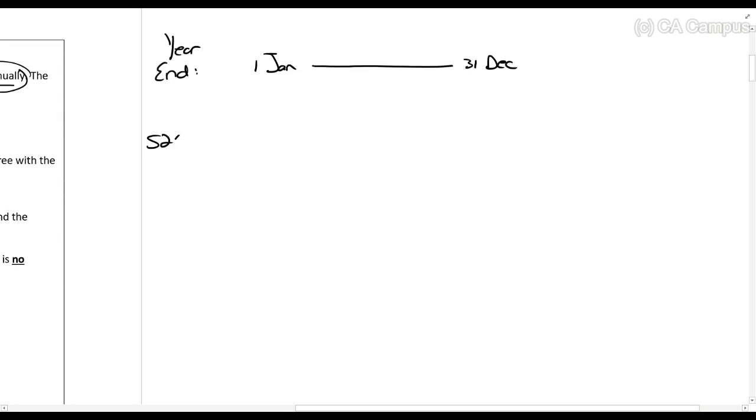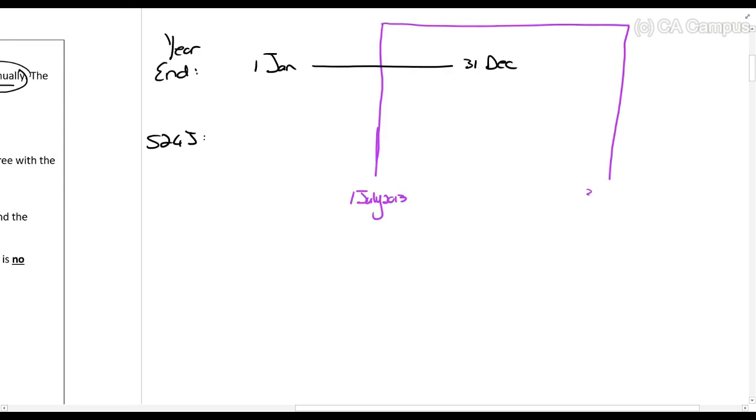Now we have our section 24J accrual period. What's important here is that this started, I'm going to draw a big line like this, on the 1st of July 2013, and the first payment period will end basically 30 June 2014. But let's just say 1 July 2014.